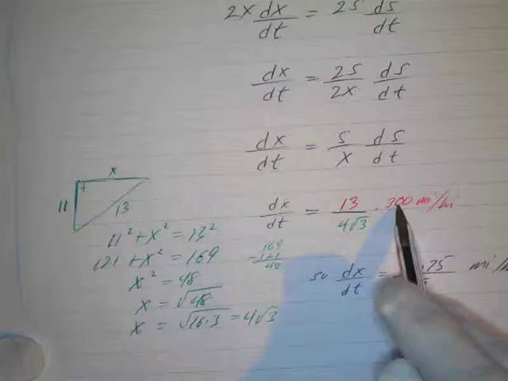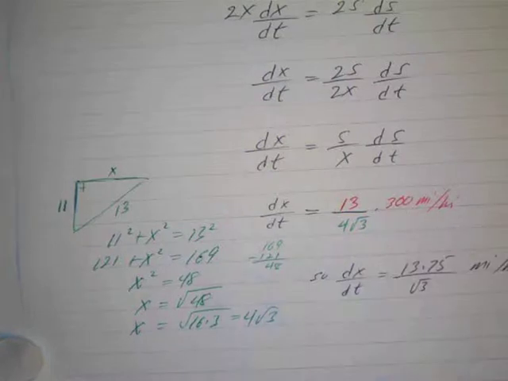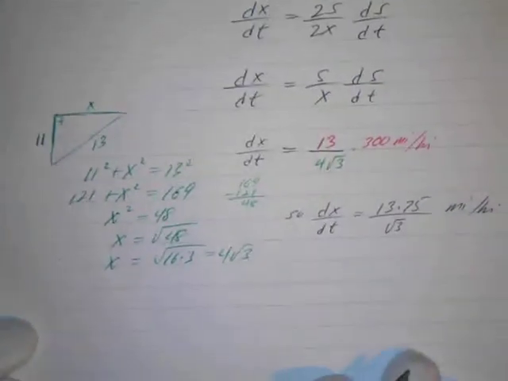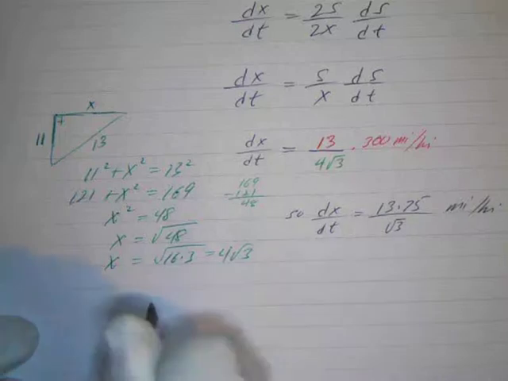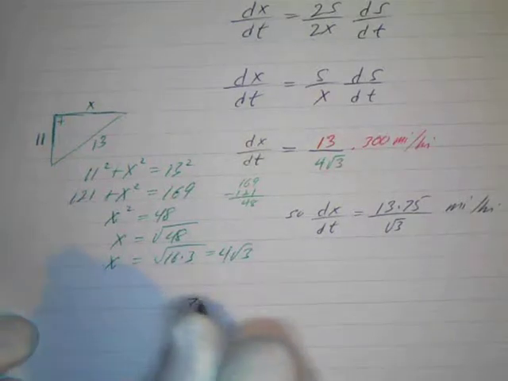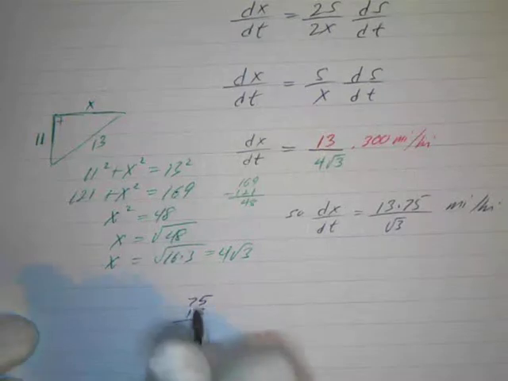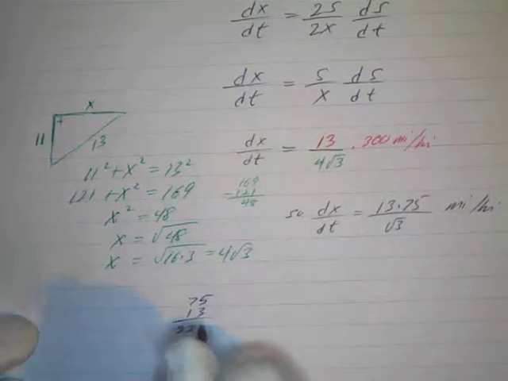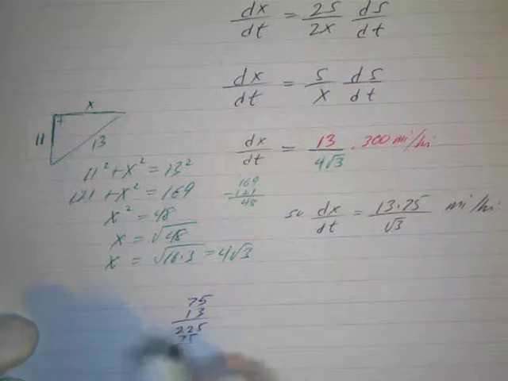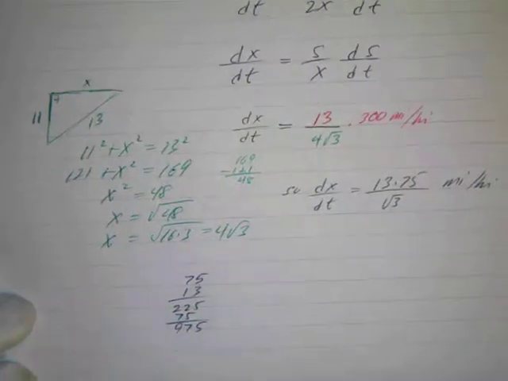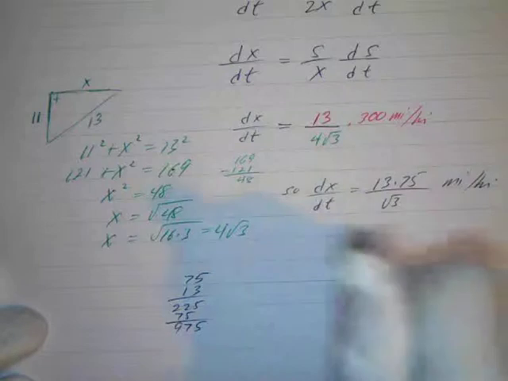Half of 300 is 150, half of that is 75, so 13 times 75. If it's a non-calculator problem, you have to multiply that out. So I can do that over here. 75 times 13: 3 times 75 is 225, and 1 times 75 is 75. So that's 975.